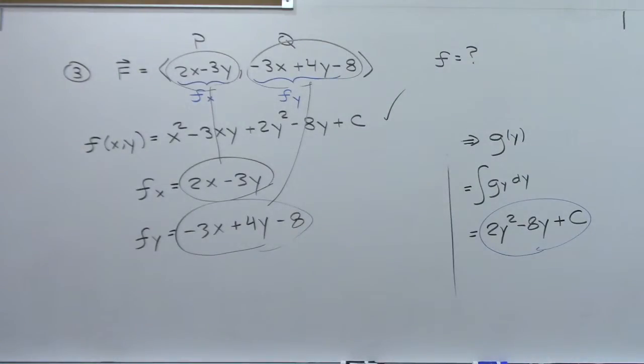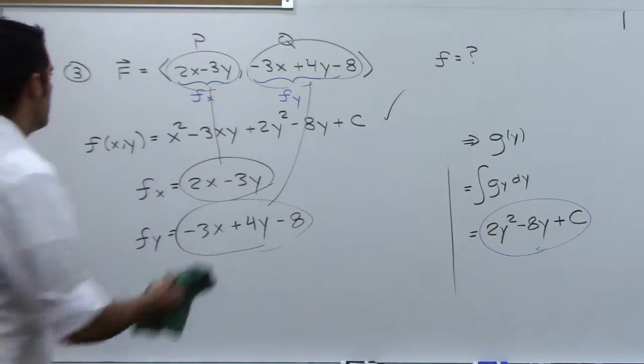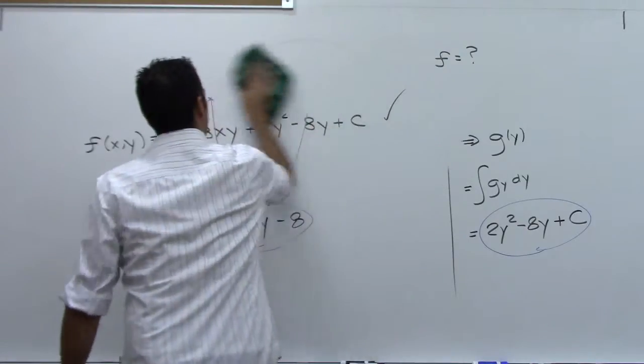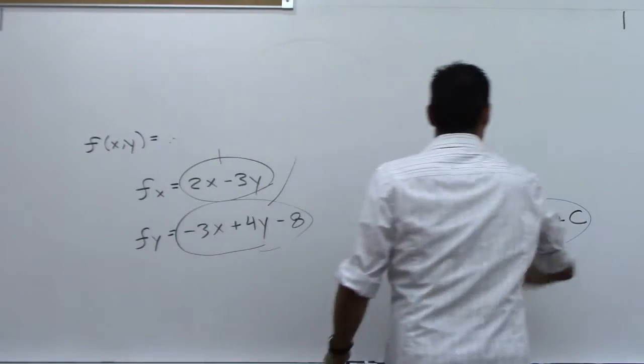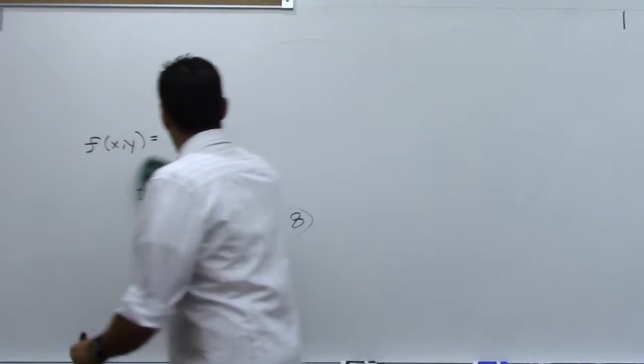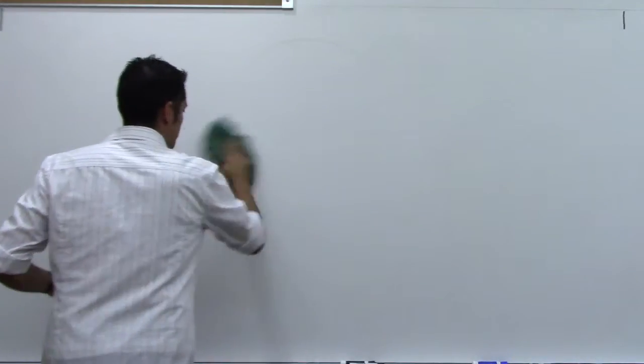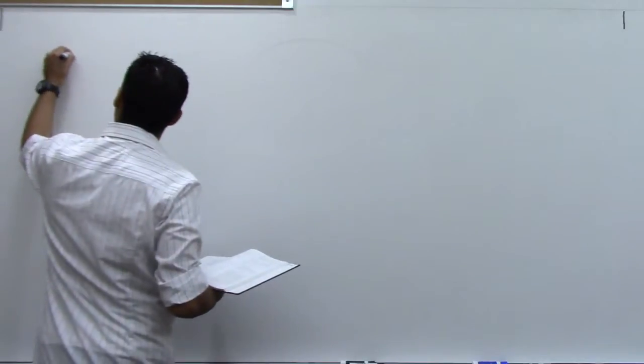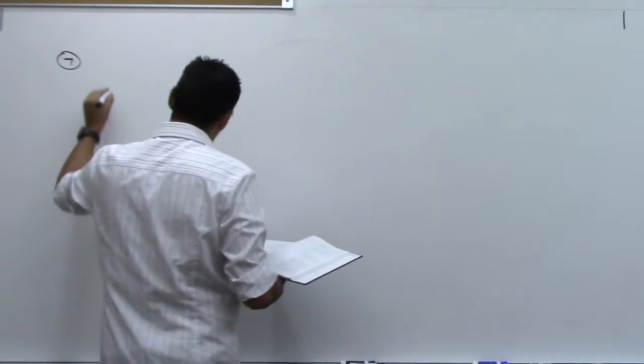All right. Let's try one that might be a little bit more difficult. Maybe 7. 7 looks like it might be messy. So for 7, we have our vector field.